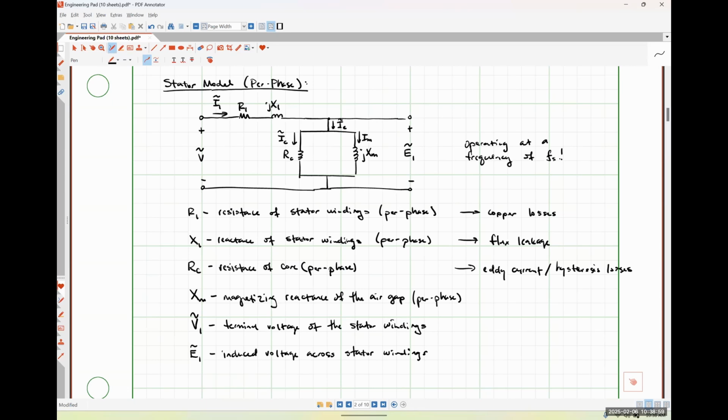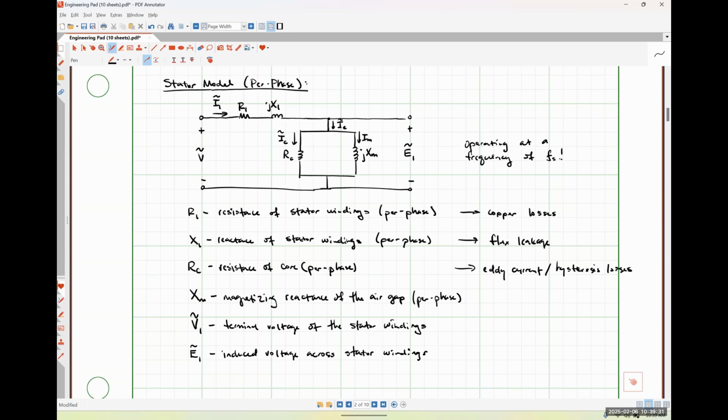That is very much not the case for an induction motor. That IE current flowing through our core is going to be somewhere between 30 and 50% of our input current, which means we no longer can just move that middle branch around at will, because it's not so small that it looks like an open circuit compared to the other things, okay? So we're going to have to take that into account here in a moment, okay?